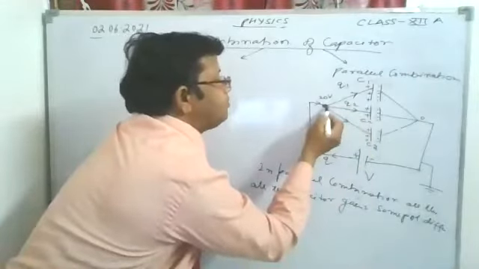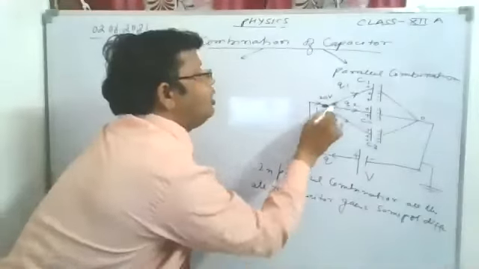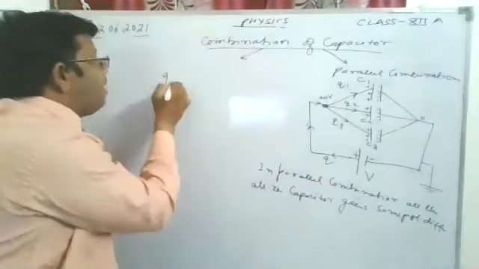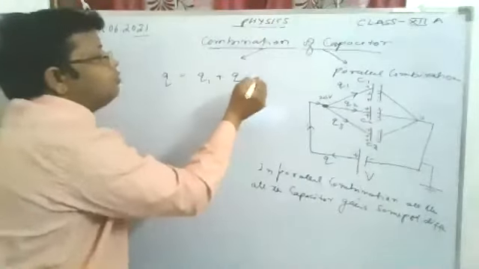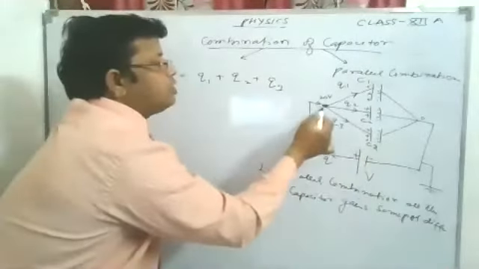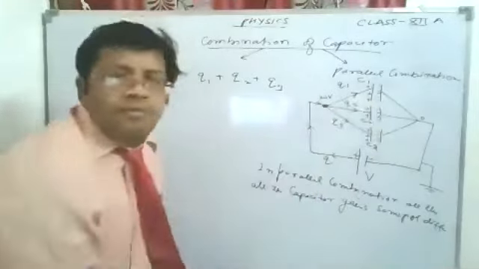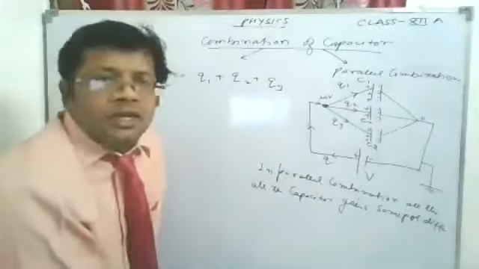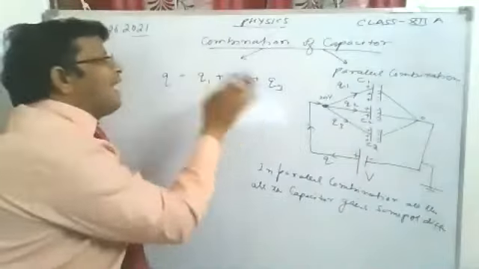Applying the junction rule, the charge Q that moves from here gets distributed: Q1 on the first capacitor, Q2 on the second capacitor, and Q3 on the third capacitor. So we may write Q equals Q1 plus Q2 plus Q3.